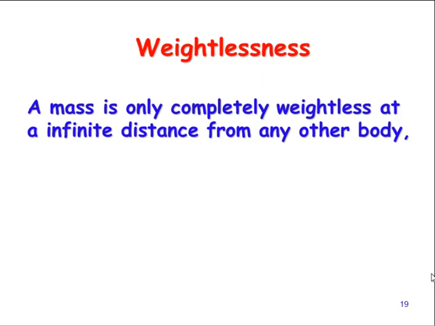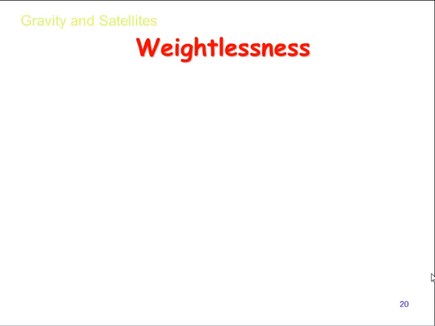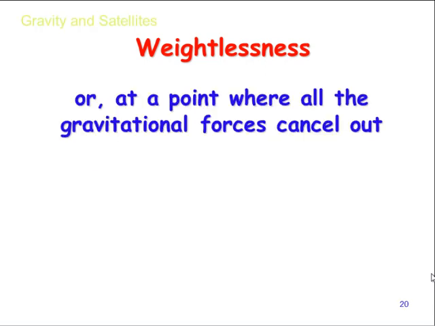So weightlessness is only something that could happen when we're an infinite distance from any other body. So when we set r to infinity, then we're heading towards 0. Or at a point where all gravitational forces cancel out.